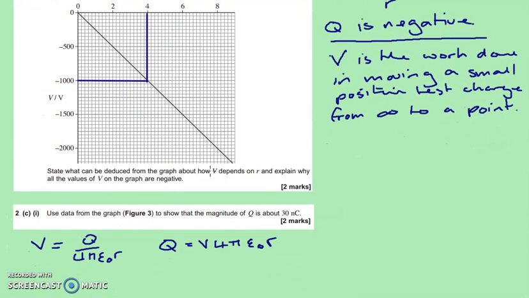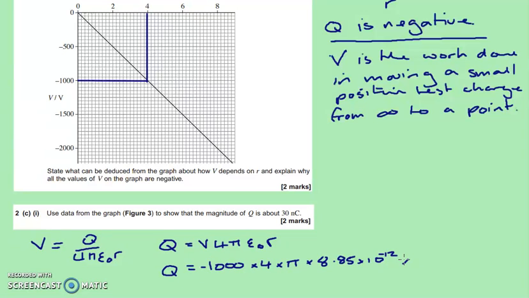Okay? So in order to find R, we're going to do Q equals, so it's minus 1,000 times by 4 times by pi times by epsilon naught, which is 8.85 times 10 to the minus 12.